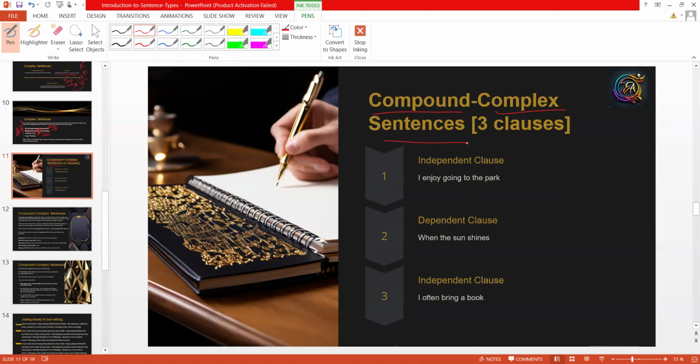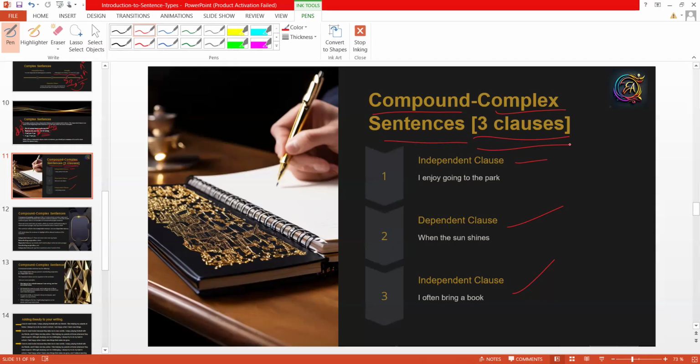What does that mean? An independent clause, a dependent clause, and an independent clause. Again, it means the same thing. It is not necessary that an independent clause comes first; the dependent clause can be somewhere in between, and then an independent clause again. Now see, we have three clauses here.